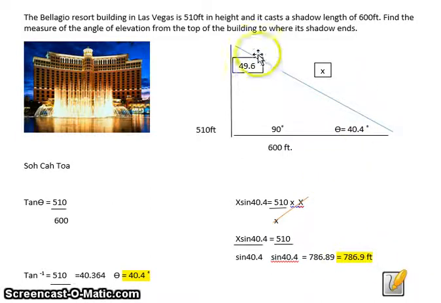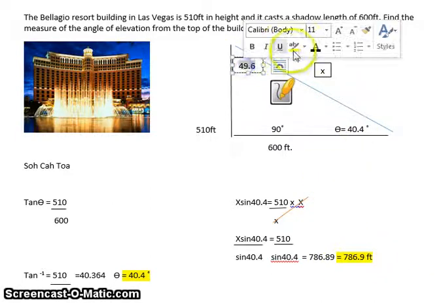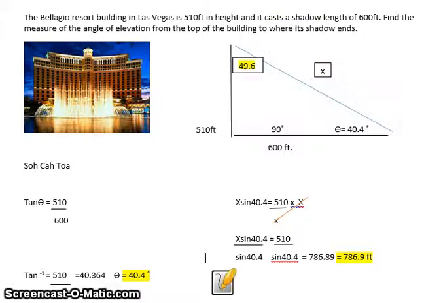And so this is originally your answer for finding the angle of elevation from the top of the building to the end of the shadow, right here where it ends.